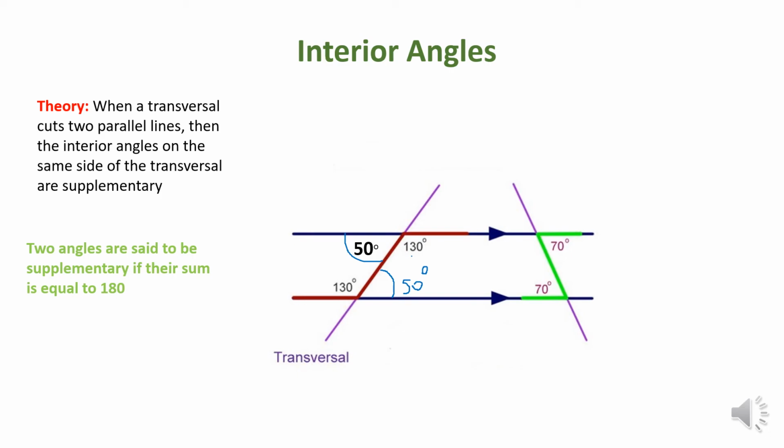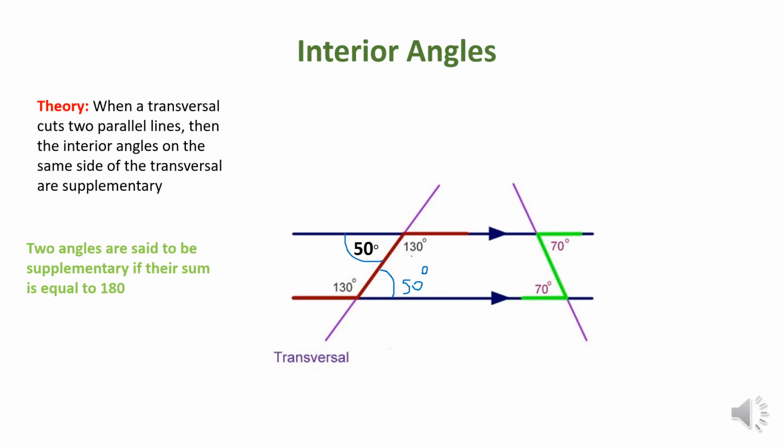Also, to get 50 degrees, my justification could be interior angles, because I know that when a transversal cuts two parallel lines, the interior angles that are formed on the same side are supplementary.